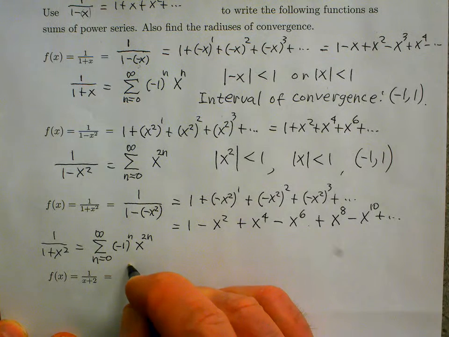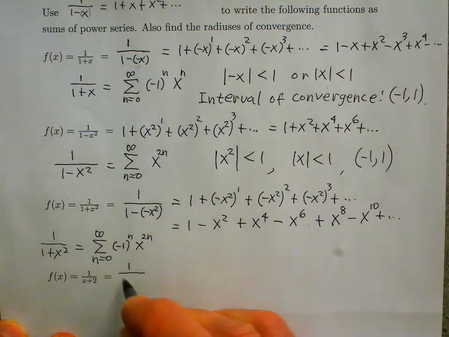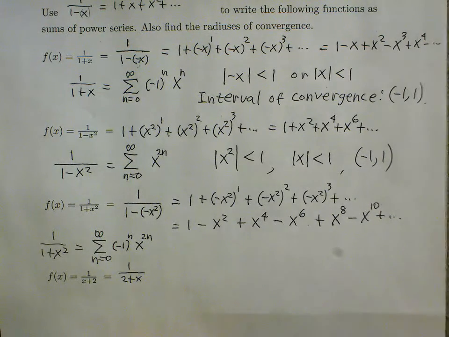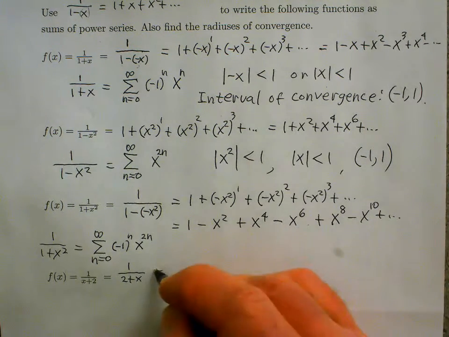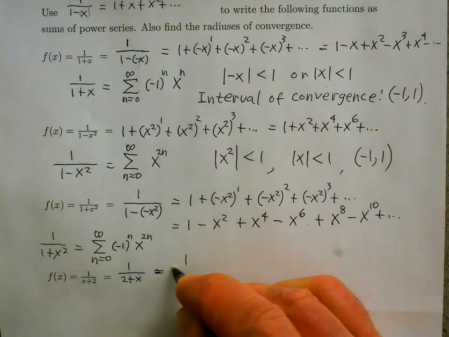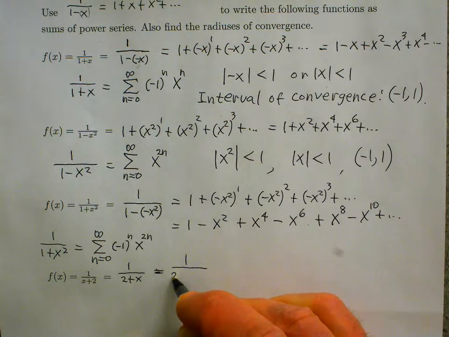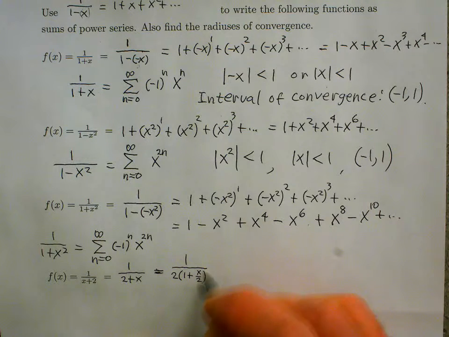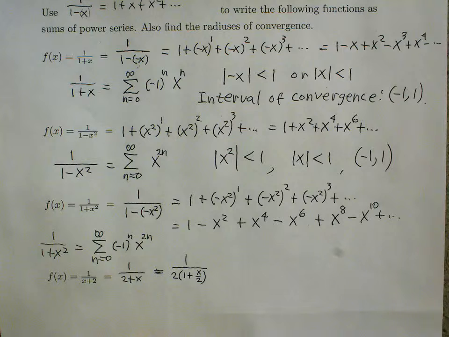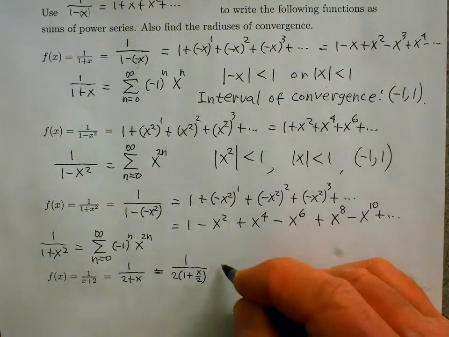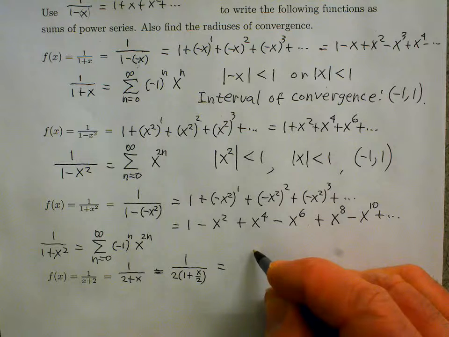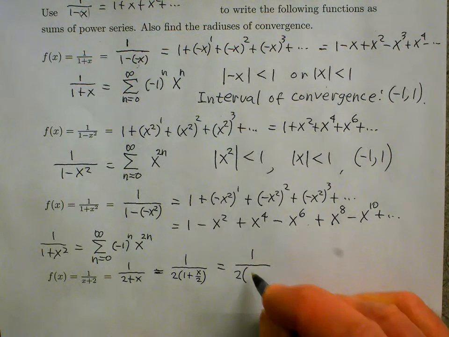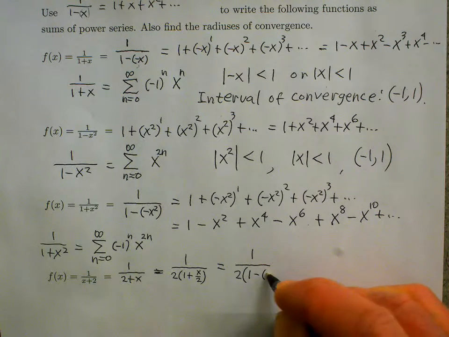First, think of it as 1 over 2 plus x. And then 1 over 2 times the quantity 1 plus x over 2. And then this is 1 over 2 times the quantity 1 minus negative x over 2.